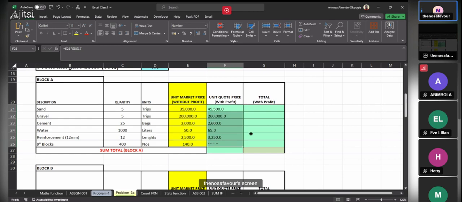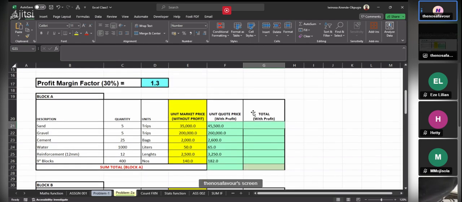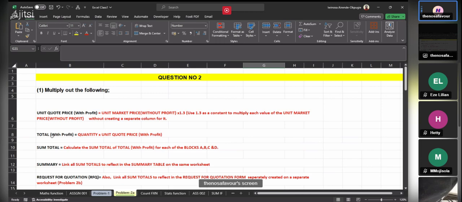Okay, so having done that, now total with profit. Let's see what the formula says. It says total with profit will be quantity times unit quote price with profit.